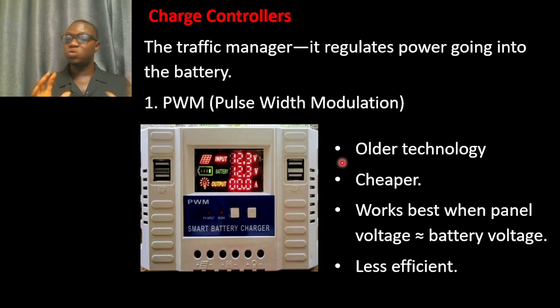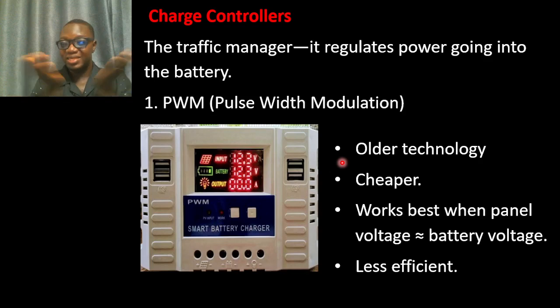This is an older technology, a very cheap technology, and it's very, very easy to work with, and it is less efficient. It is cheap. Anything that is cheap, the efficiency must be less also. Now, it works with voltage matching. What does that mean? It means that the voltage of your battery and the voltage of your panel must match.